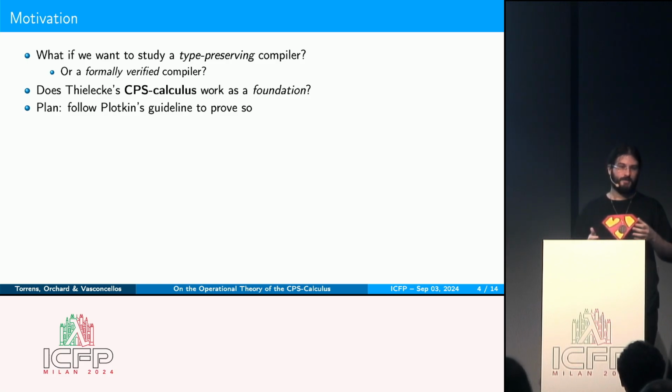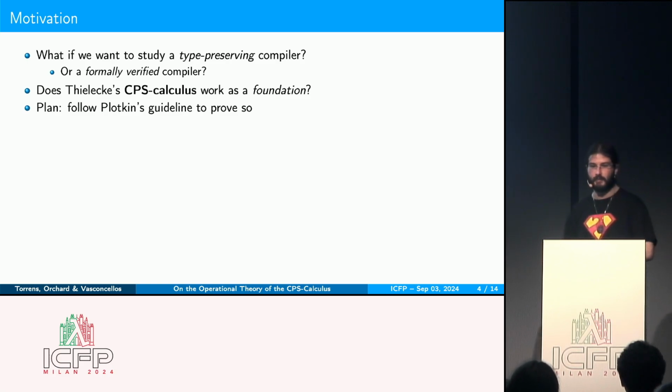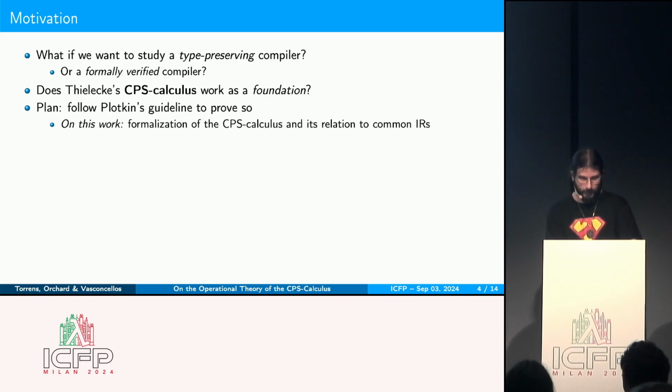So if you're doing functional programming, you're just working with the lambda calculus. We take this as something very obvious nowadays, but it was proven a long time ago by Plotkin. And he set some steps for his proof that we reproduce here to show that the CPS calculus is a foundation for such IRs. And this is the goal of this work.